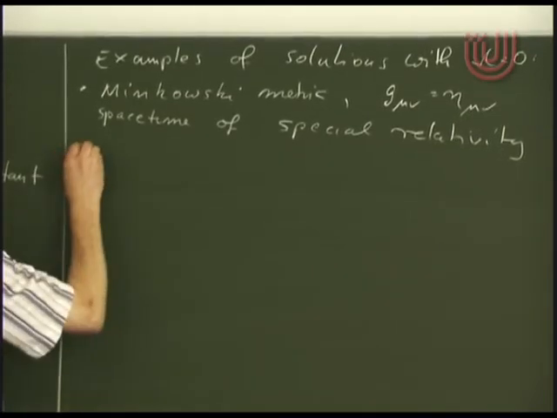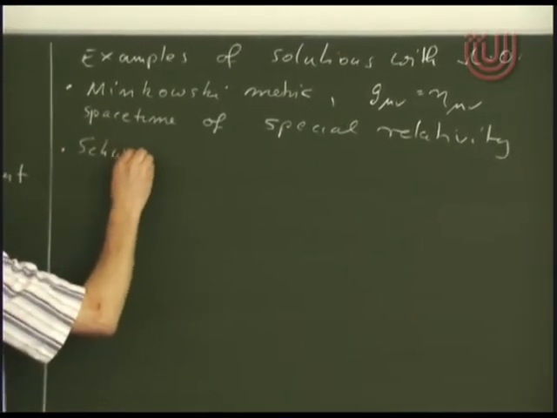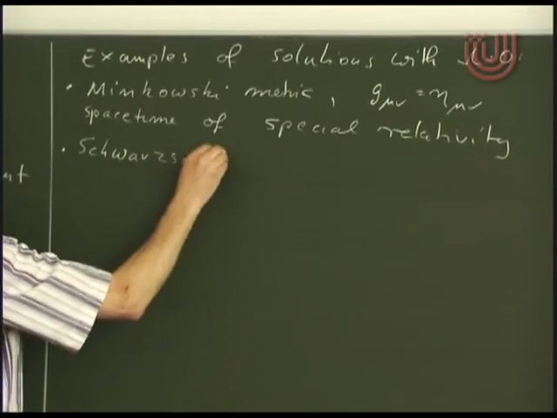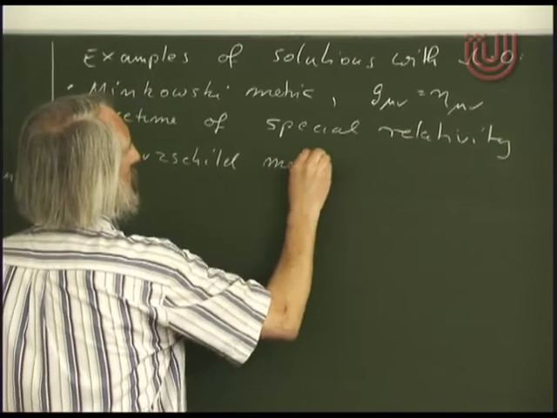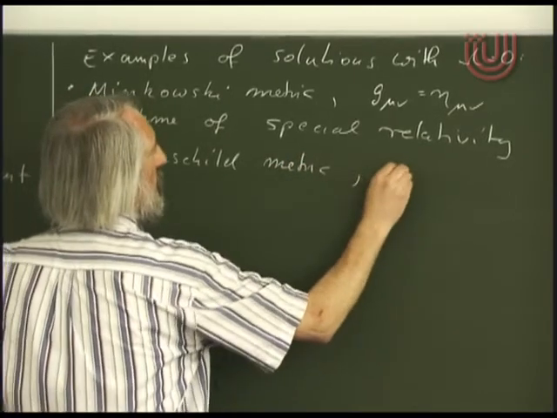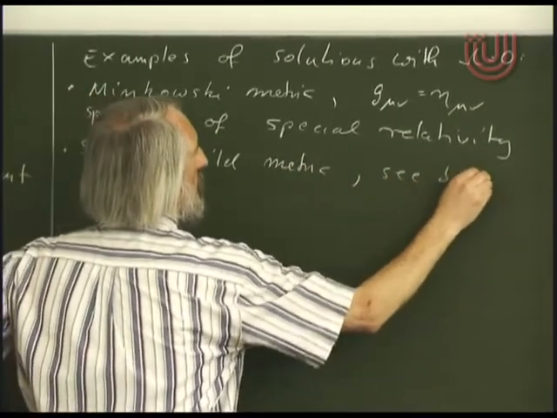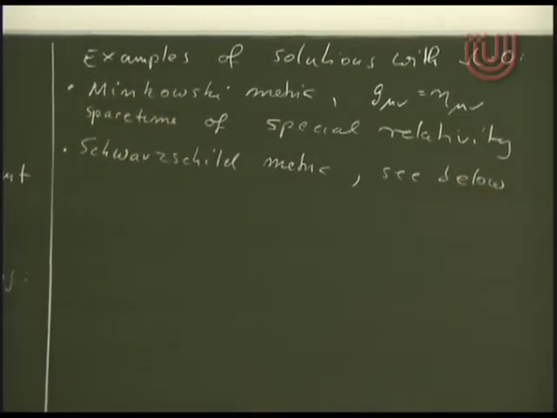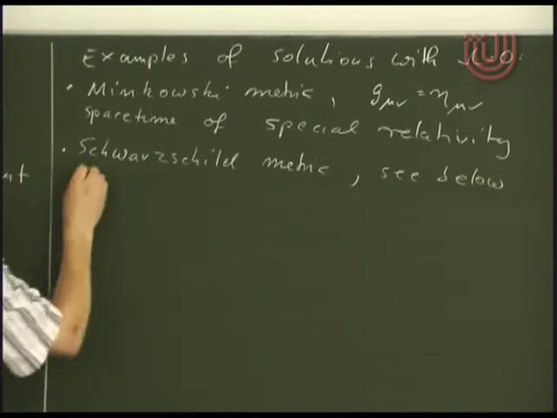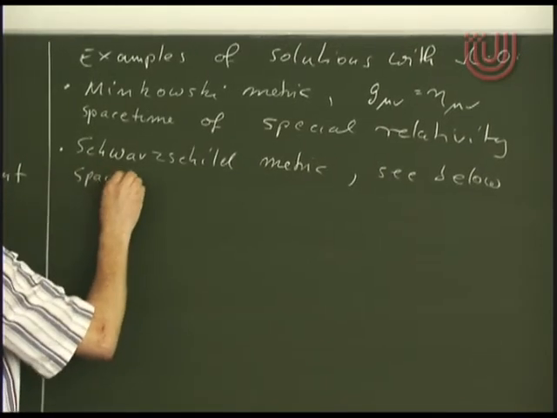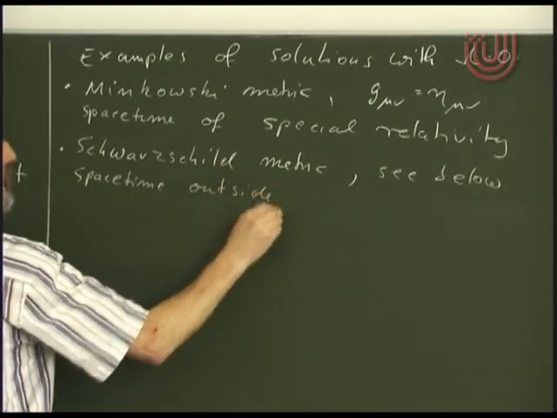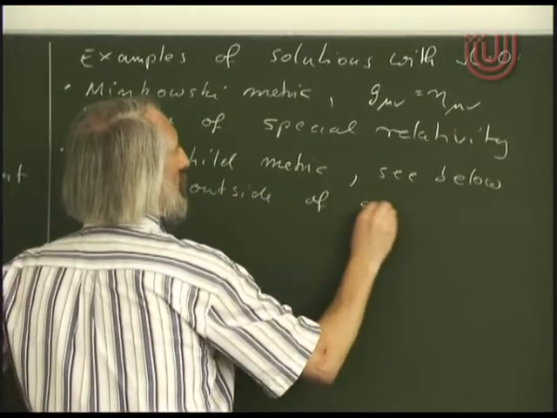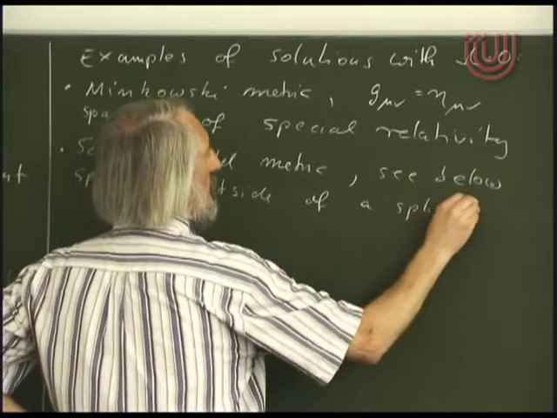The second is the Schwarzschild metric or Schwarzschild solution. And we will discuss this at some length in the next chapter. This is the space-time outside of a spherical mass.